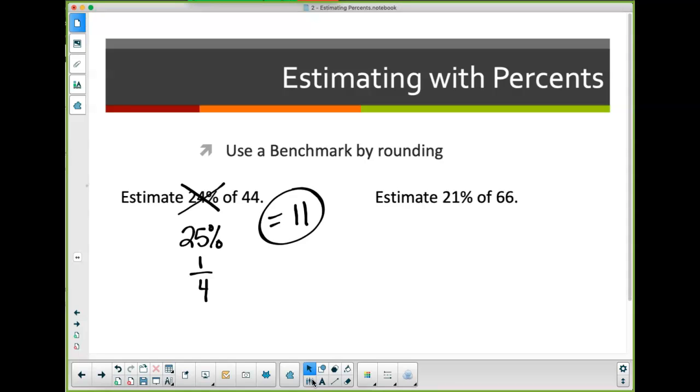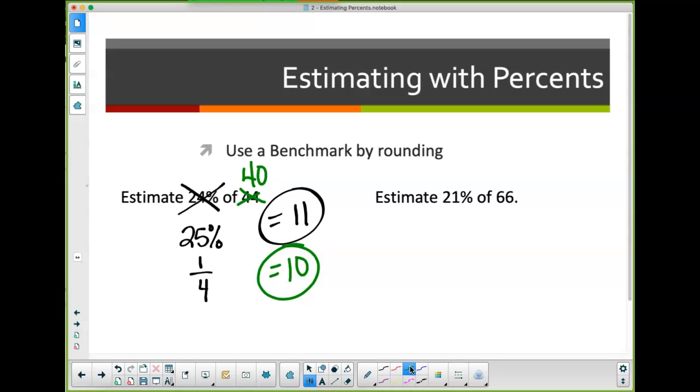What's close to 44, but maybe would be easier to do in our head? Savannah, 50 or 40? It wouldn't matter. Let's go 40 since it's a little closer. Is it easy to find 1/4 of 40? Or 40 divided by 4 is 10.